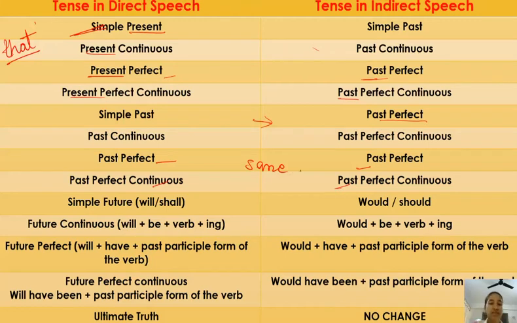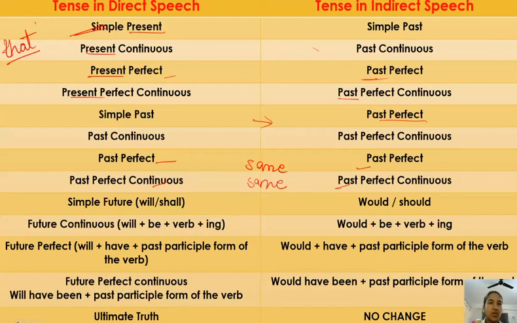Perfect to perfect, perfect continuous to perfect continuous. But for past, there are many changes: simple past to past perfect, past continuous to past perfect continuous, past perfect to past perfect itself, and past perfect continuous to past perfect continuous. See here also it is the same.